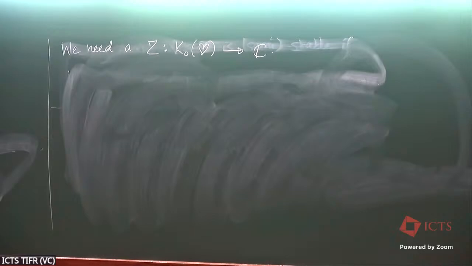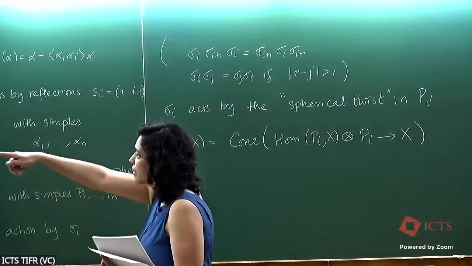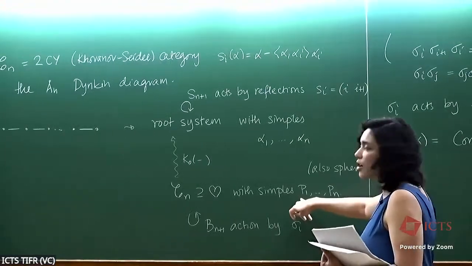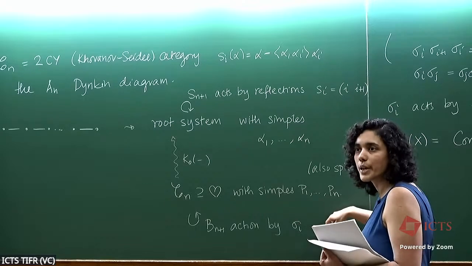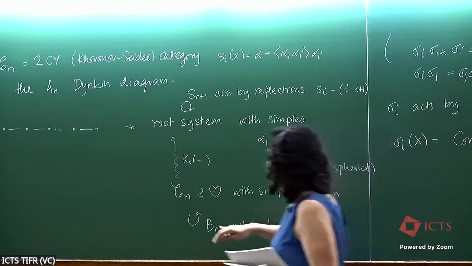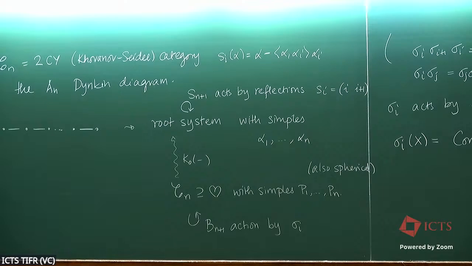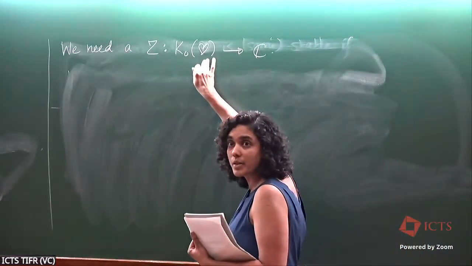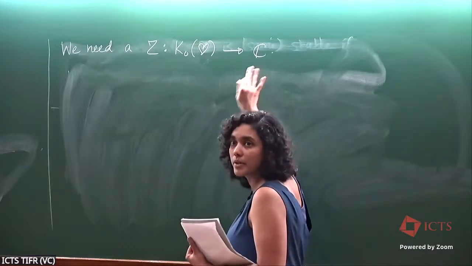The nice thing about this representation theoretic world is that every object has a finite length composition series. And so all we need to specify a homomorphism like that is to specify a complex number freely for each P_i. It's meant to be an additive homomorphism from the Grothendieck group to the complex numbers. This heart is generated by the simples P_1 through P_n, so you just specify a number for each P_i, that's all you need.